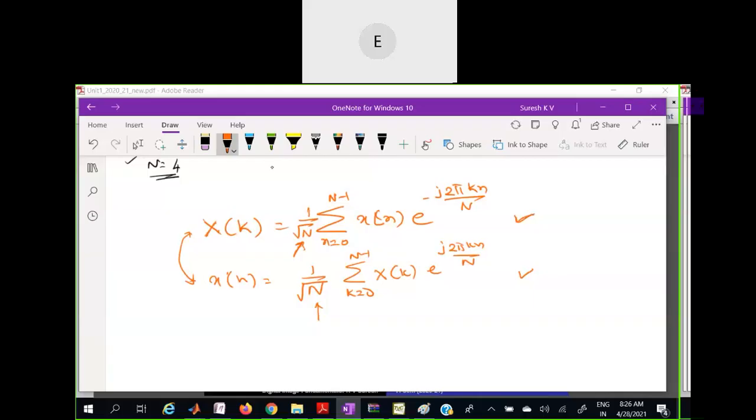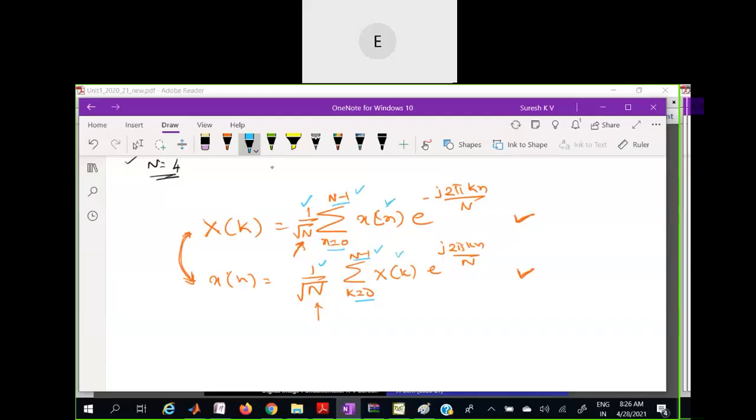So from here onwards, your DFT formula should look like this. Why I said it is better, because if you compare these two equations, there is 1 by root N here, there is 1 by root N here, so they look similar. There is a summation here and a summation here, and in both cases the sum is from 0 to N minus 1. The only change is in one case it is n, in the other case it is k. There is x of n here, x of k here.